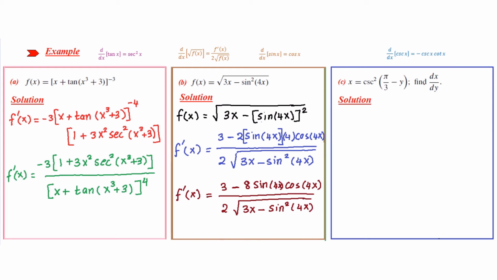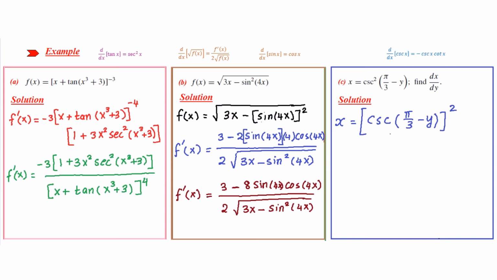For part C, you have to find dx by dy. Y is the independent variable and x is the dependent variable. So cosecant square, you have to simplify and put it in a bracket all to the power 2. So you have to modify the function. So we have x equals cosecant of pi over 3 minus y, all to the power 2.